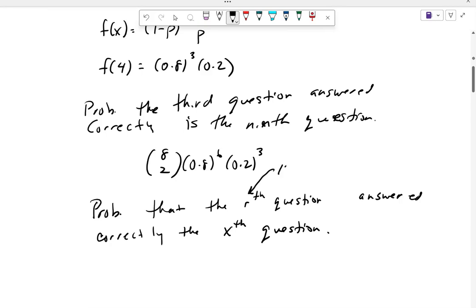So the R here is the number of successes. The X here is the number of trials.